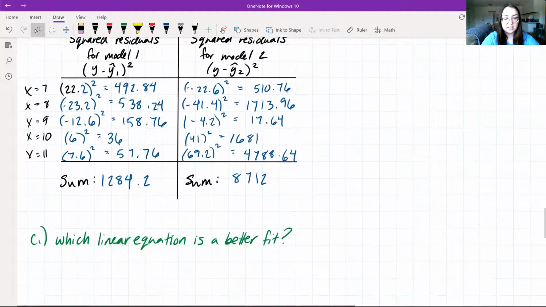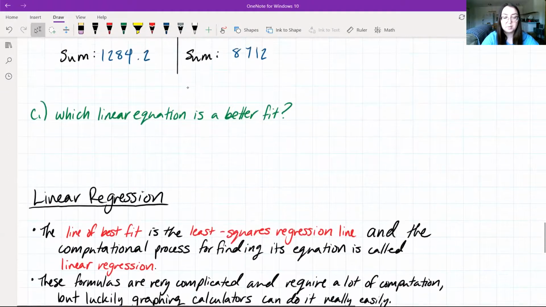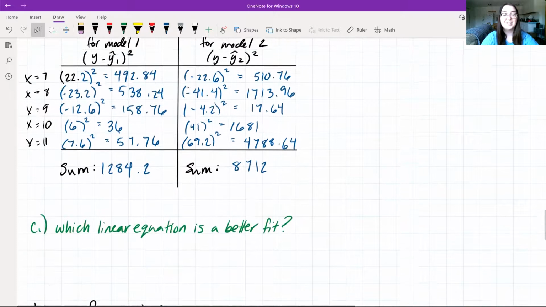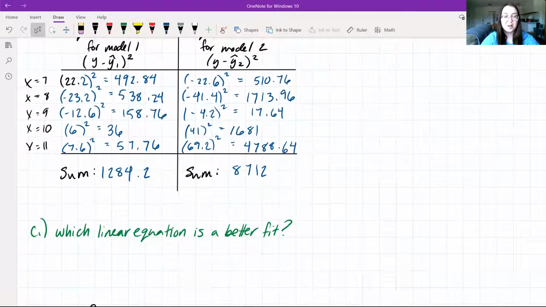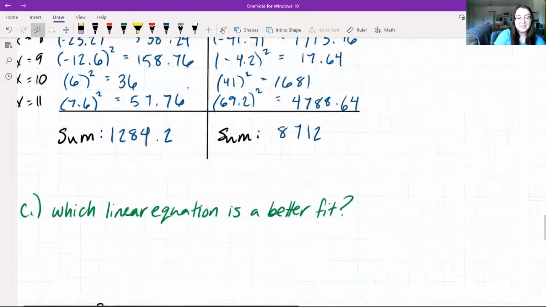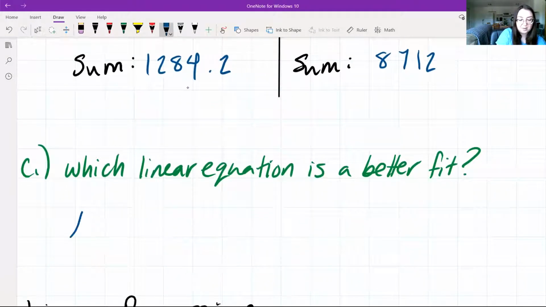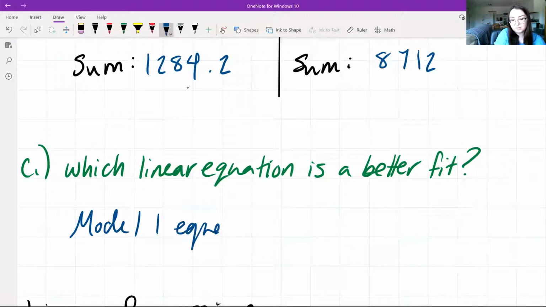So for part C, it's asking us which linear equation is a better fit. Our smaller value corresponds to model 1. So the model 1 equation is a better fit.